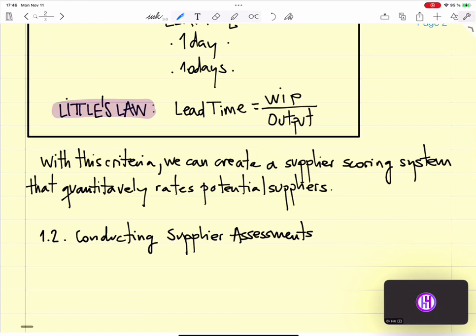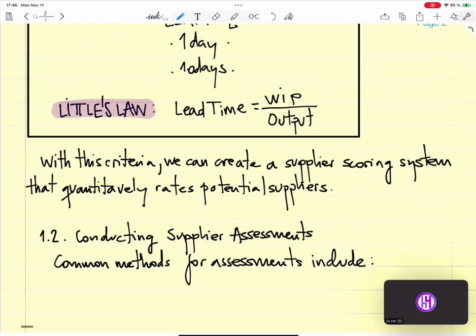Common methods for assessment include request for proposal, or RFP.